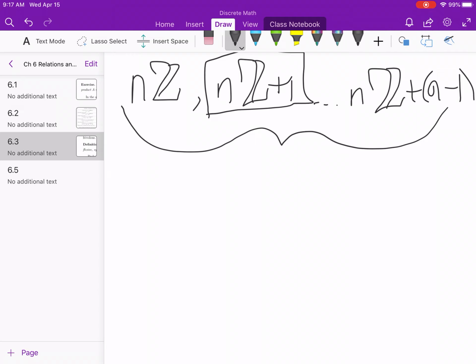So the union of all of these is going to give me the integers. And the intersection of any of the sets is the empty set. So if I intersect nz and nz plus 1, there are no common elements between those sets. Same with any other sets. So the union of all the sets is the integers.